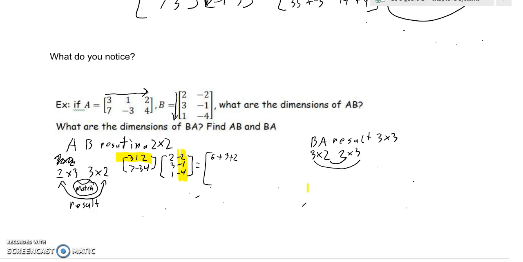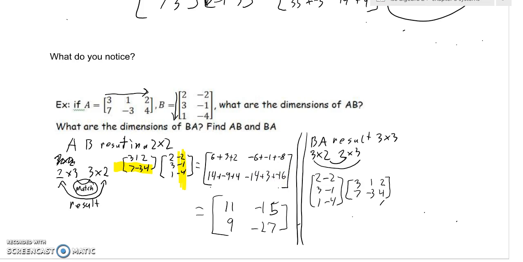Moving over, we have 3 times negative 2 is negative 6, plus 1 times negative 1 is negative 1, plus 2 times negative 4 is negative 8. Now the second row times each column. 7 times 2 is 14, plus negative 3 times positive 3 is negative 9, plus 4 times 1 is 4. And lastly, 7 times negative 2 is negative 14, negative 3 times negative 1 is positive 3, and 4 times negative 4 is negative 16.